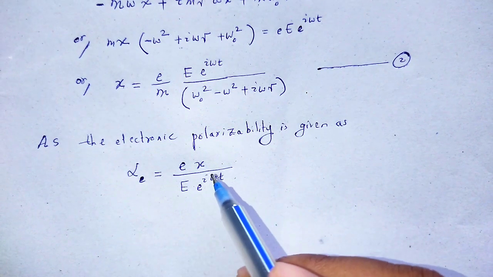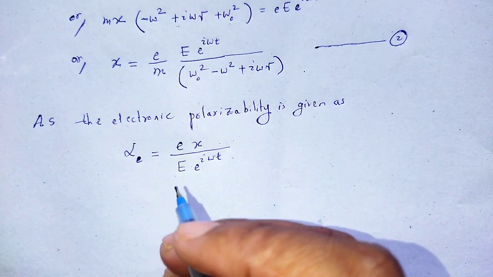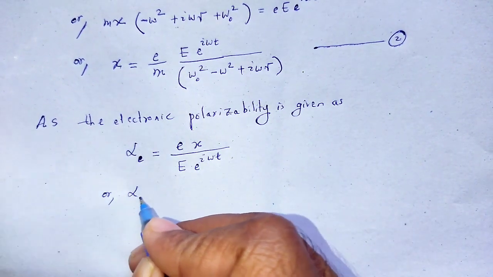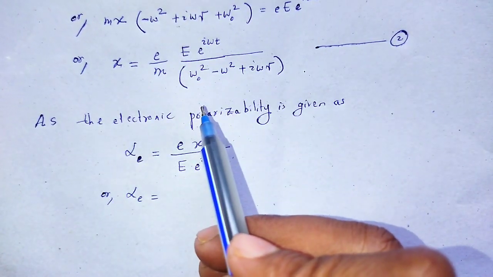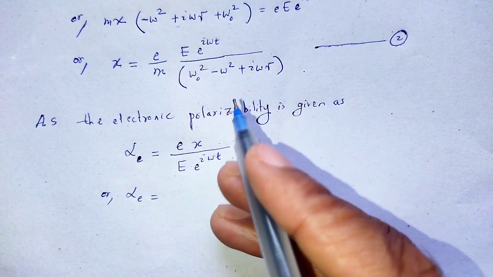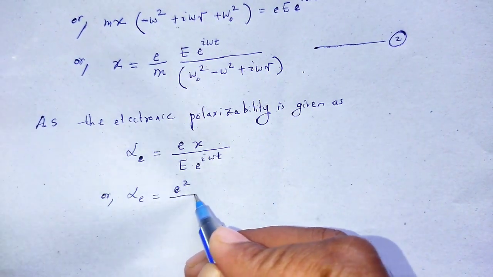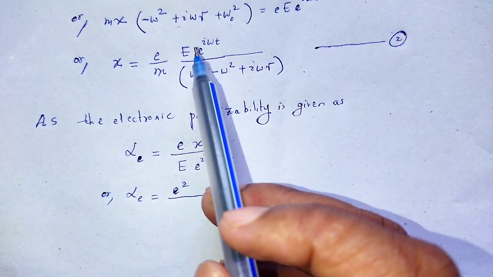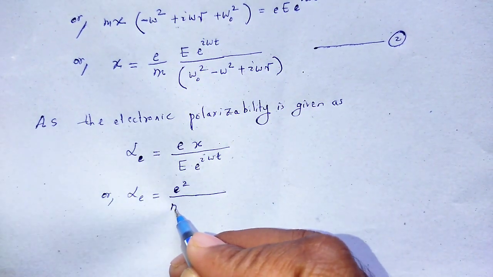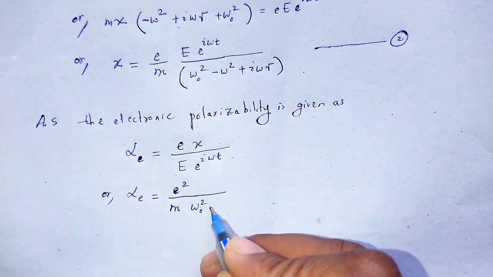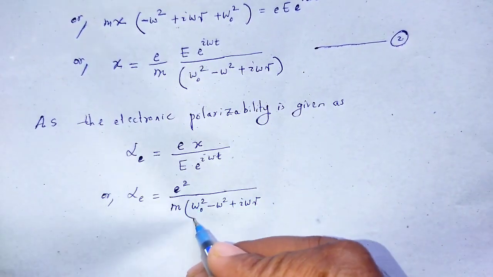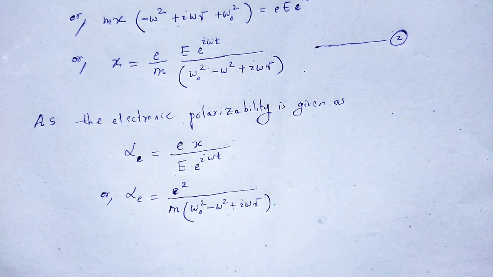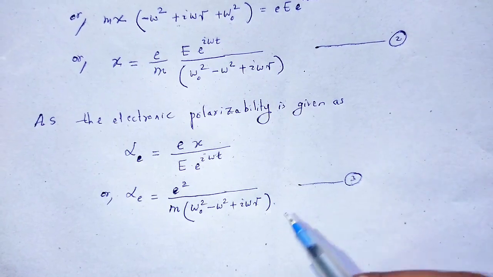Now the value of x is put here. Therefore alpha e is equal to the value of x as e by m something, so e into e squared, here E cancels out. In the denominator we have m times omega naught squared minus omega squared plus i omega gamma. Equation number 3.